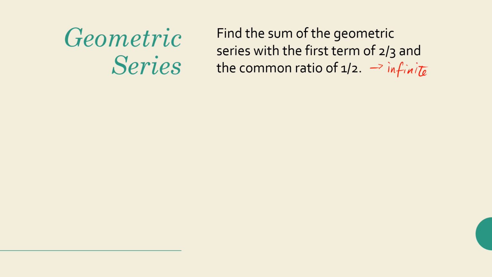Because wala pong na-mention na ano ba to, first 5 terms, first 7 terms, basta lang sum of geometric series lang. Okay? So if this is infinite, then we have two parts, converge and diverge.